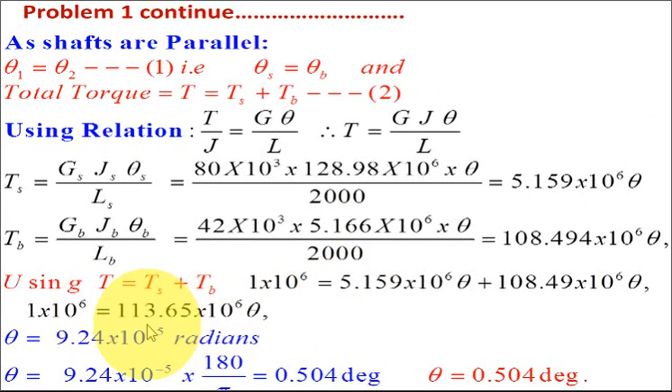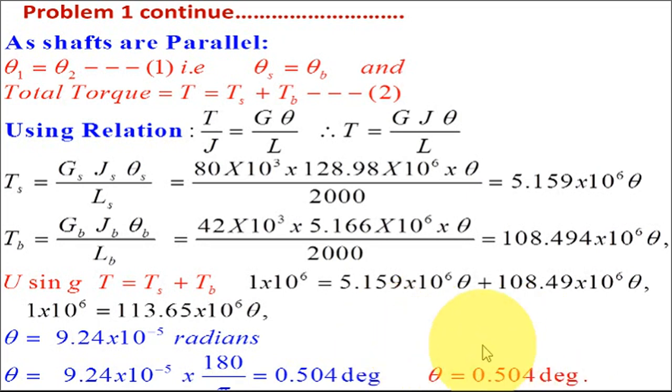By solving this you find theta, which will be in radians, and then you can convert that theta into degrees by multiplying by 180 upon pi. In this way you will get the value of total slope, rotation or angle of twist as 0.504 degrees.